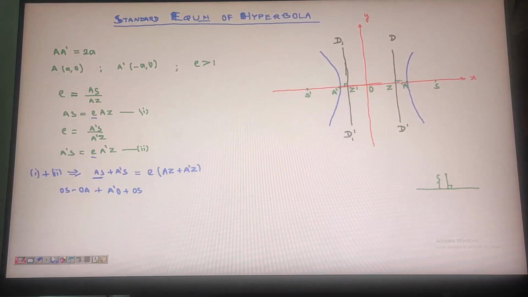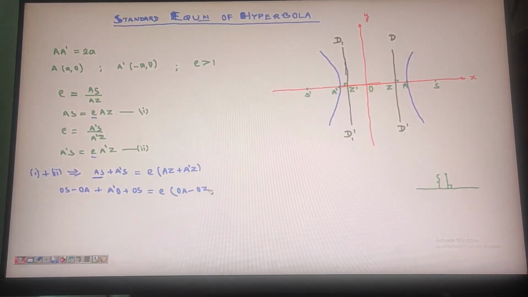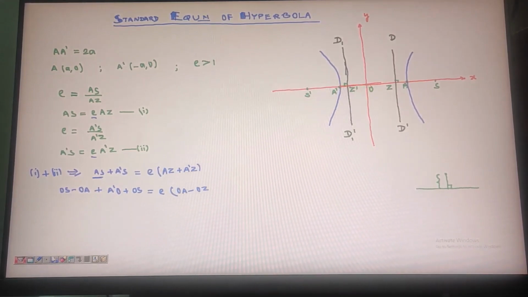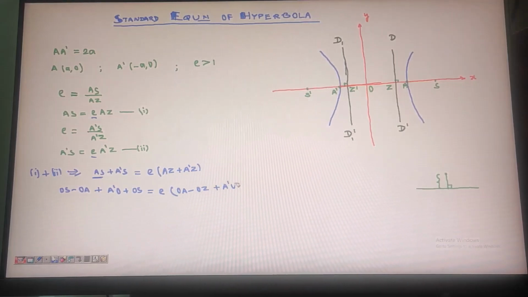A dash O plus OS. Okay, AZ is OZ minus OA, and A dash Z is nothing but A dash O plus OZ, right?